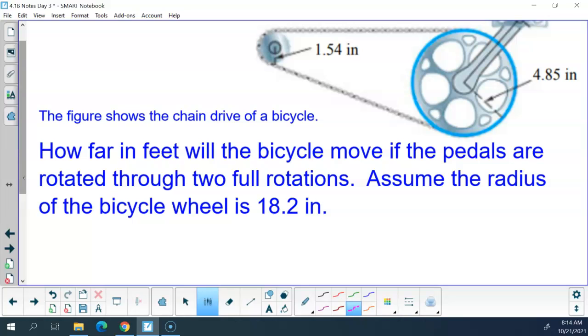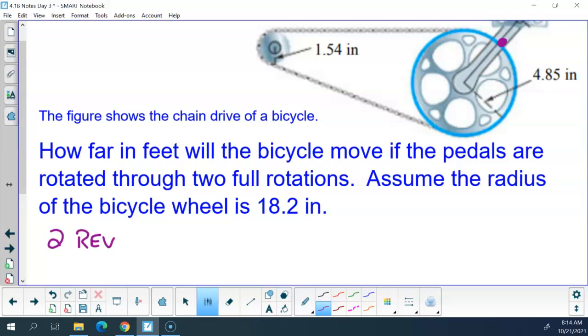That's the only thing we have to start. What's rotating at 2 full rotations? The pedals. So we go around twice. We're at 2 revolutions. That's our start. We rotated the pedals around twice.